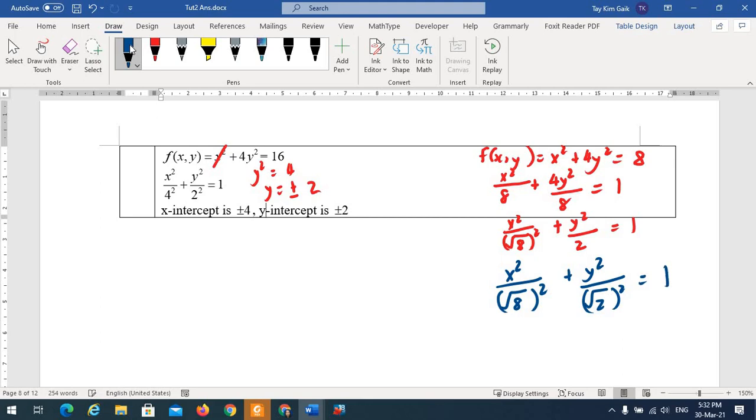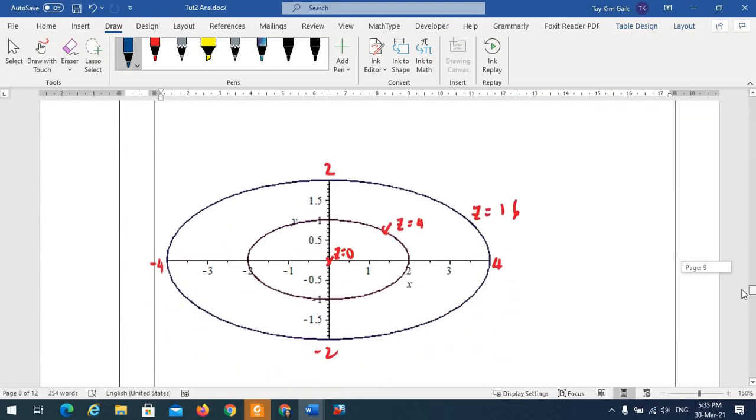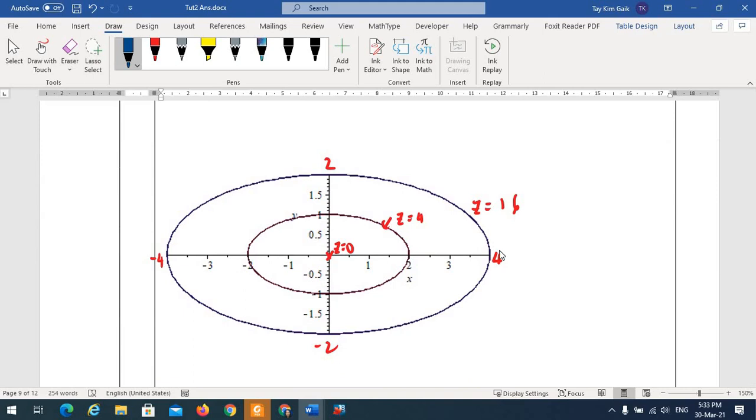So your x-intercept is plus or minus 8, which is not a nice integer number, so this one is floating point. The x-intercept is plus or minus 8, the y-intercept is plus or minus 2. So you can still draw it, you change it to floating point values. The ellipse that you get will be smaller than this one, z equal 16.